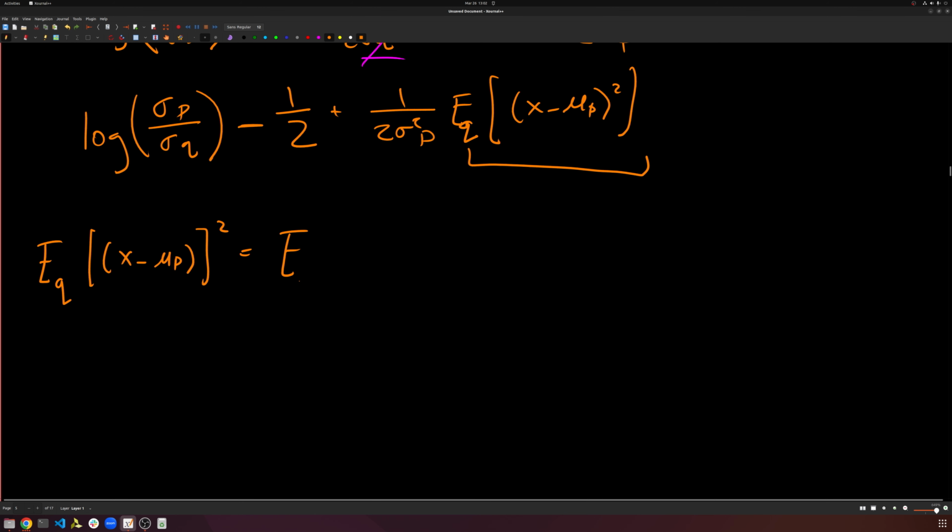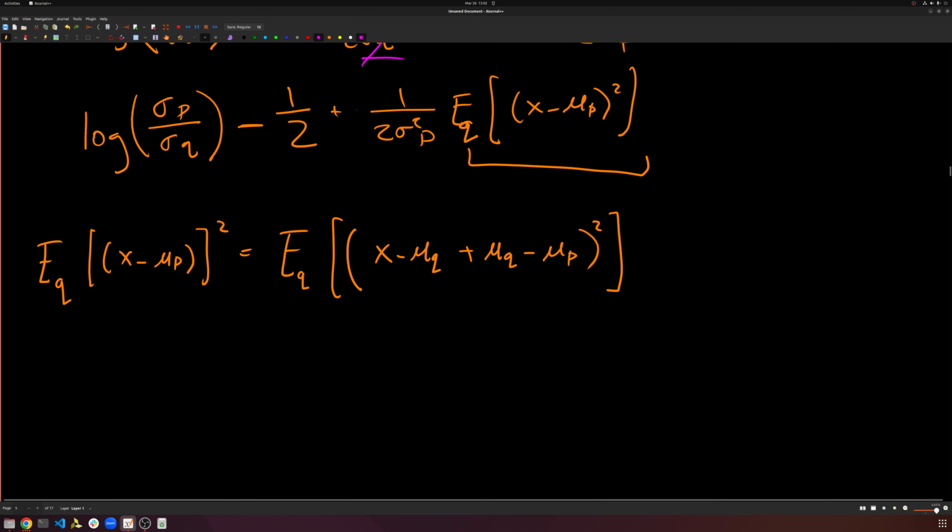So we're going to do expectation Q, and we're going to do X minus mu Q, and then plus mu Q minus mu P. So all I did is I subtracted something and added it back. So this expression is identical, and there's a square, of course, right? Because I subtracted and added, it's still the same.